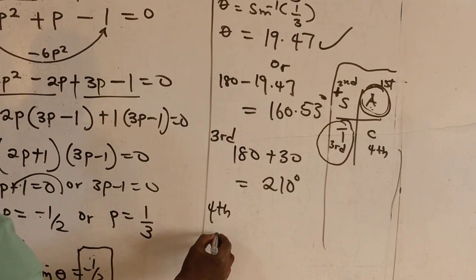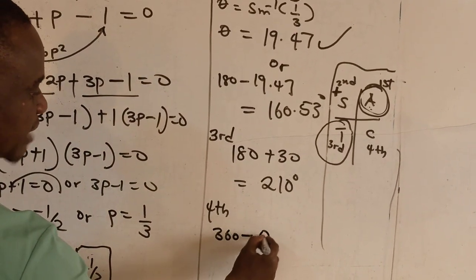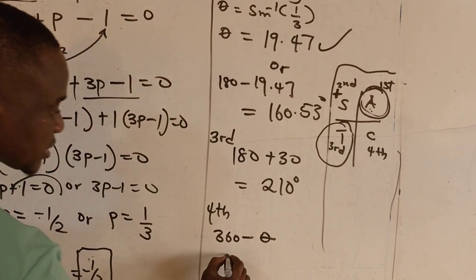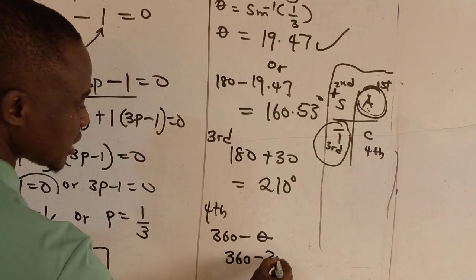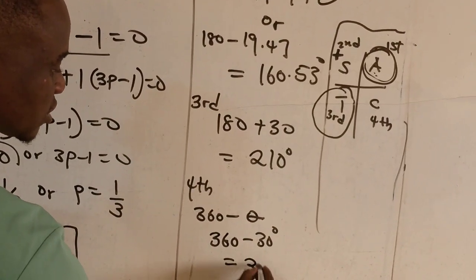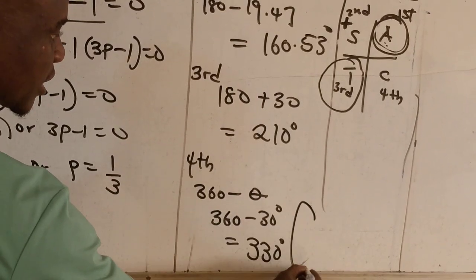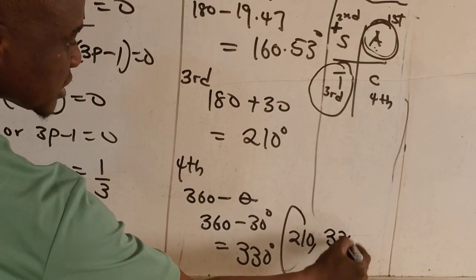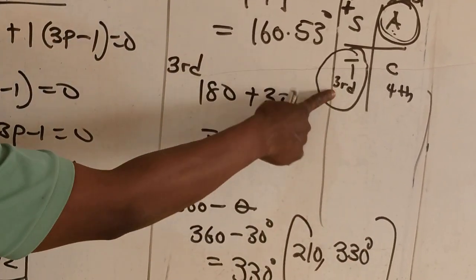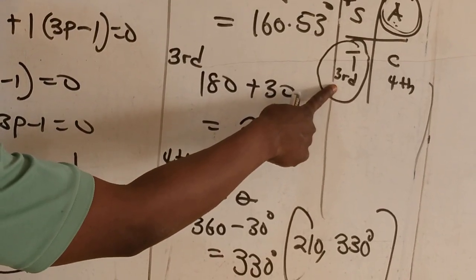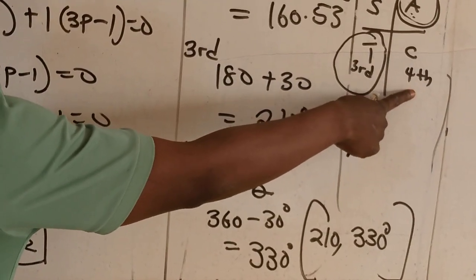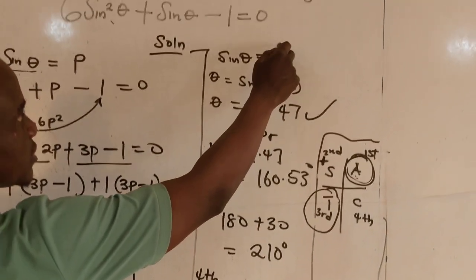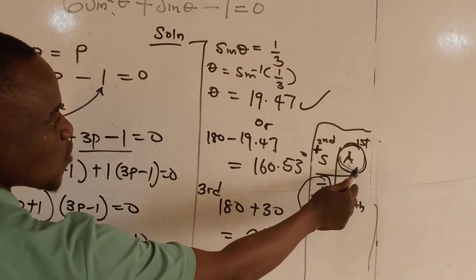That theta is 30 degrees, so 360 minus 30 gives me 330 degrees. So here we have 210 and 330 degrees. It is negative in the third quadrant and also negative in the fourth quadrant. But for 1/3, this one is positive, so you look at where sine is positive.